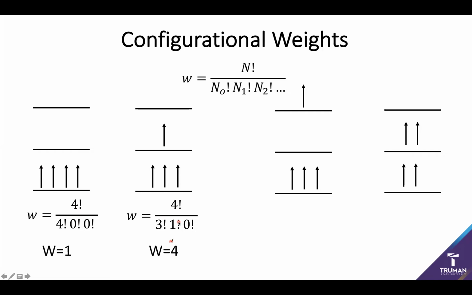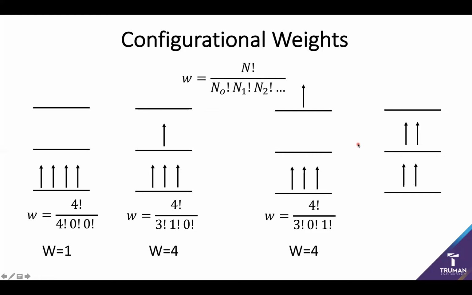And then the 3 factorials cancel, and these two values have a value of 1. We can also go ahead and imagine exciting one particle up to the third energy level. And it turns out this is going to have the exact same configurational weight as if it was being excited to the second level. So in this case, it also has a weight of 4.